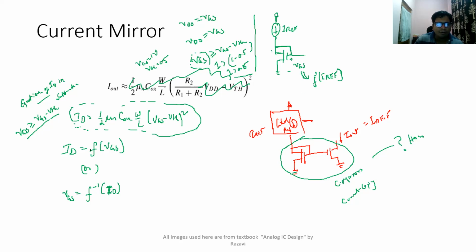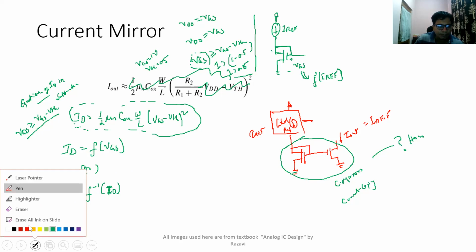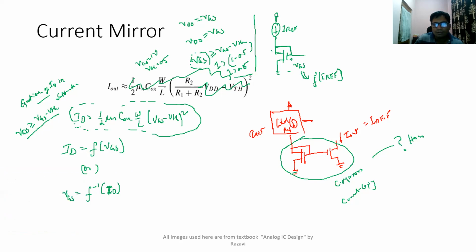Now, if I want to recreate another circuit, let us say I connect another transistor like this, and I try to see what is the current flowing out from this, I out.